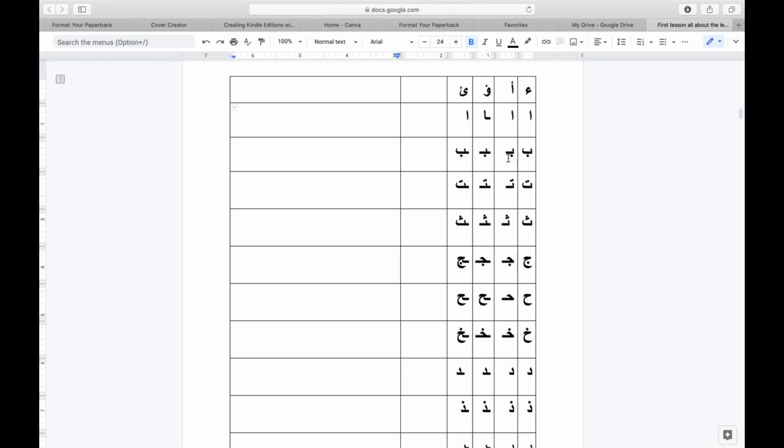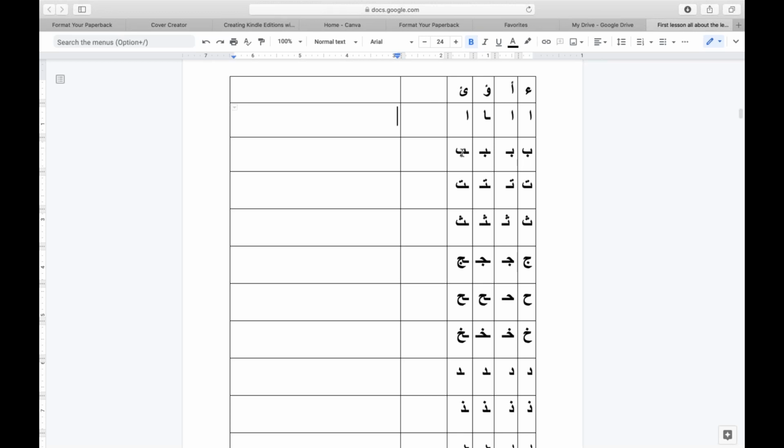And here, if it comes at the very beginning, or the letter before it cannot attach to it. And here, if it's in the middle, it will attach to the letter before it and after it. And here, if it's at the very end, it's attached to the letter before it.